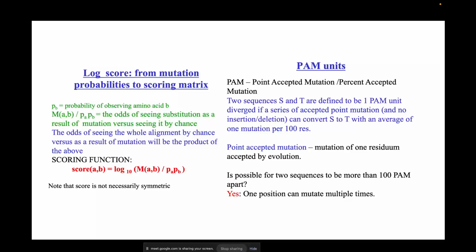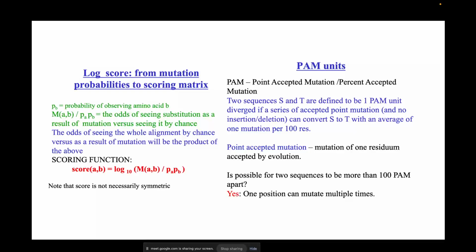Okay, it's quite simplistic. M_AB is basically the probability of this particular mutation happening, A to B, and PA times PB is the probability of observing amino acid B at that position times the probability of observing amino acid A at that position.